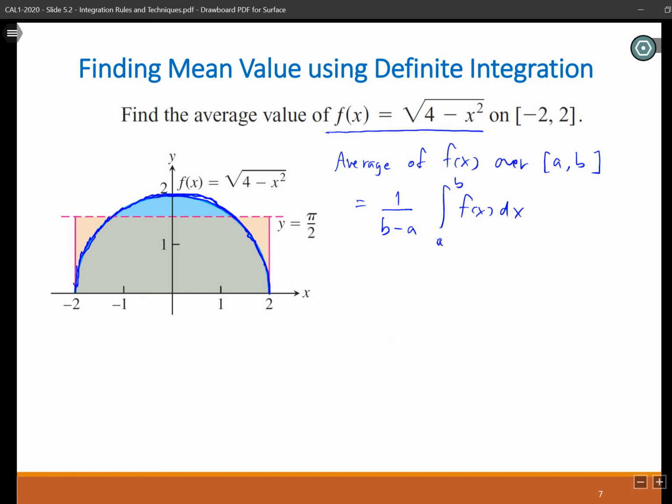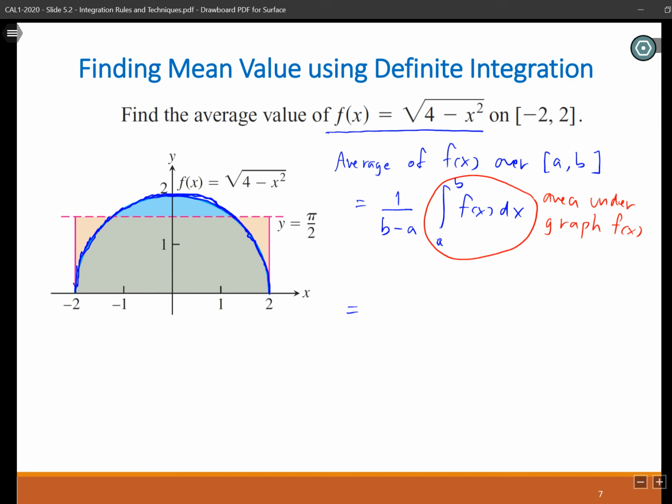Okay, and don't forget that this is the area under graph f(x). Okay, so now let's use this to solve for the average of this half circle.